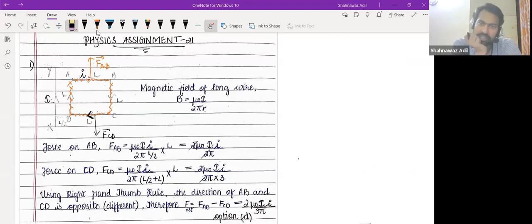But how do we know that the palm should be inwards? I did opposite, so I got upwards. Oh yes, Aisha. So why didn't you ask? You see, the magnetic field is in which direction, Aisha?